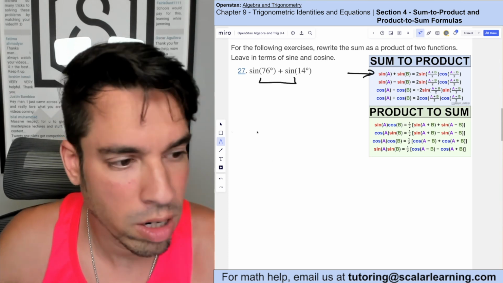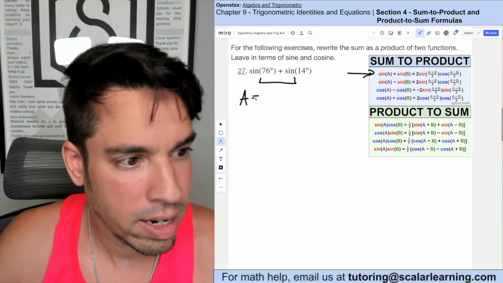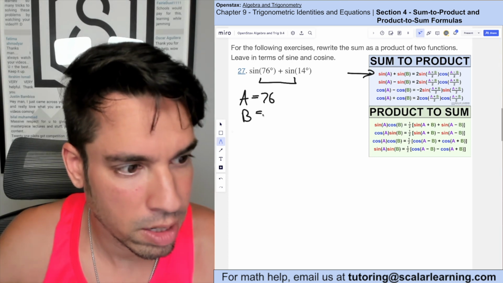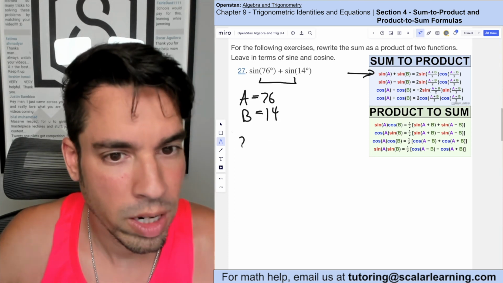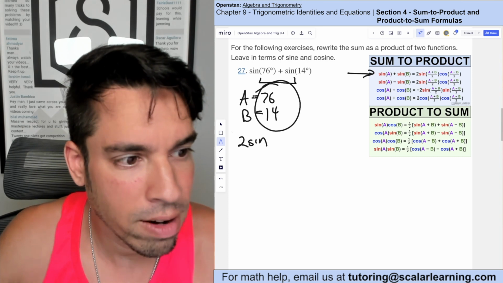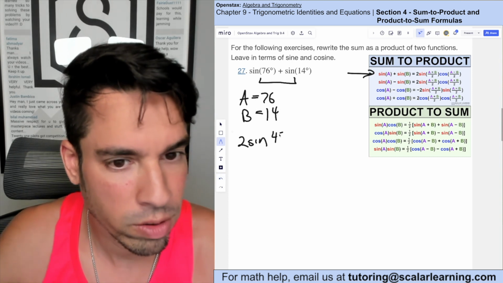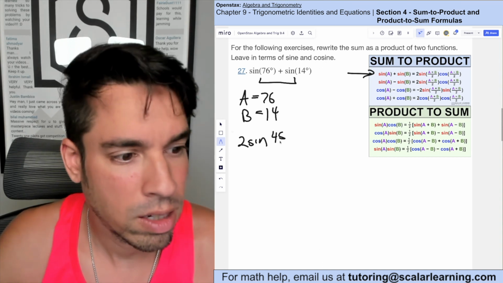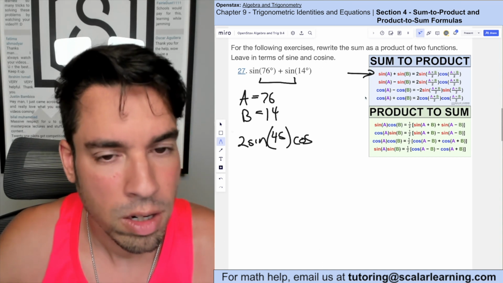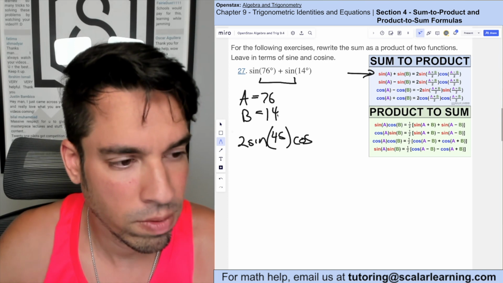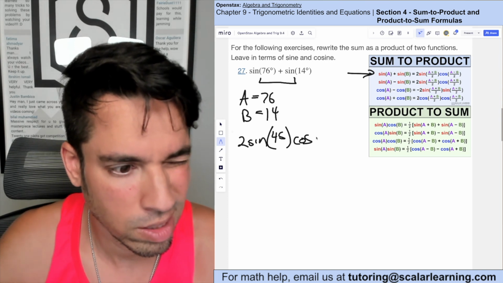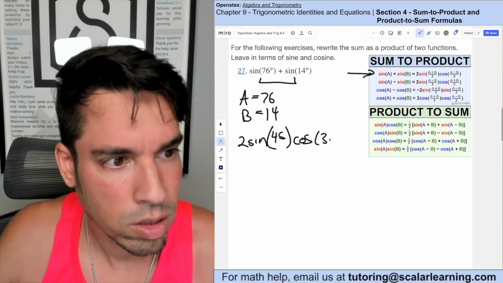So for this one, we got a sum of sine plus sine, which is right here. So to turn it into a product, let's set A as 76 and B as 14. So then we have 2 sine of the average of these two added together, which is 90 divided by 2 is 45. And then times cosine of A minus B, so 76 minus 14, what is that, 62, divided by 2 is 31.